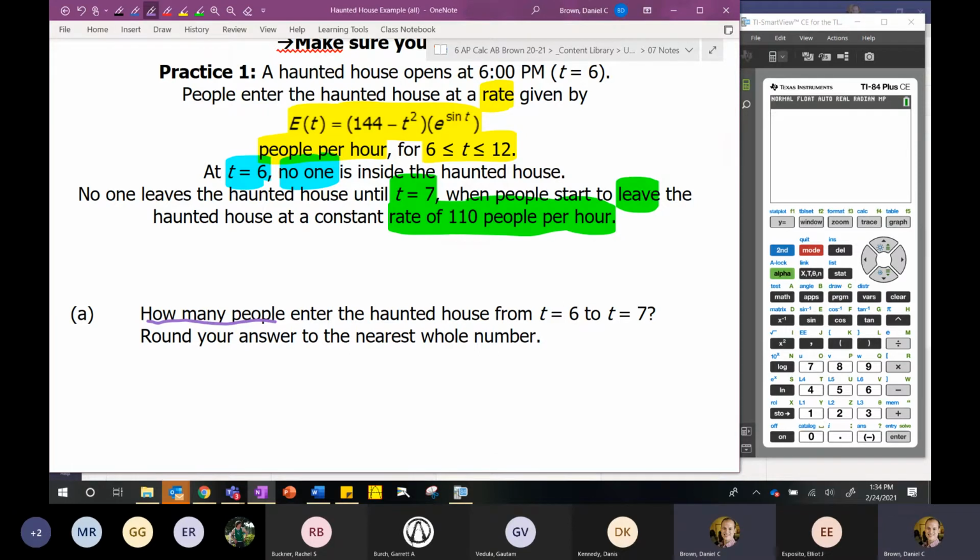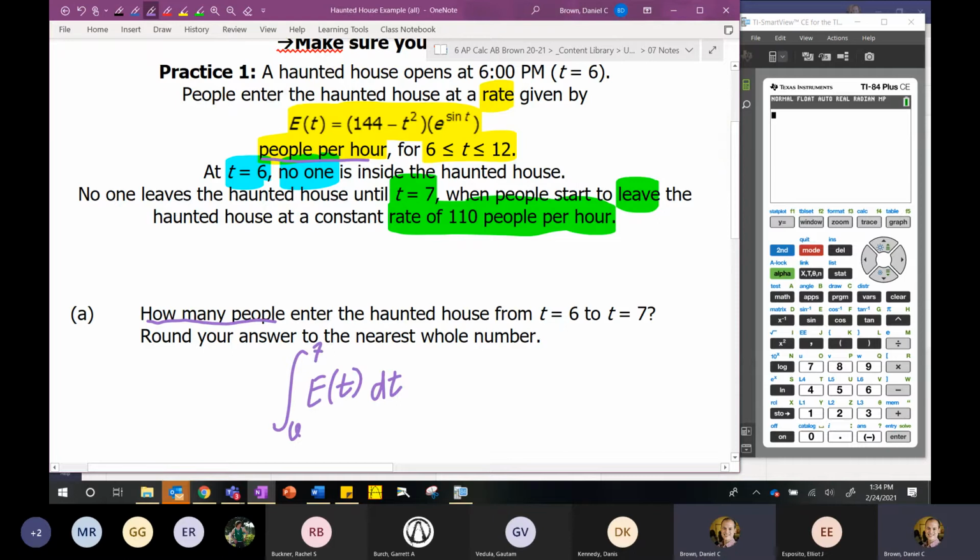In calculus, how am I going to convert people per hour into people? We take the integral. So I know I'm going to have to integrate. Which function am I going to do that with? E of t. Don't forget the dt at the end. And then we want to know how many people enter starting at 6 and ending at 7.